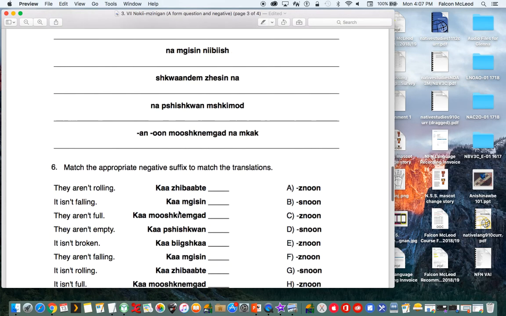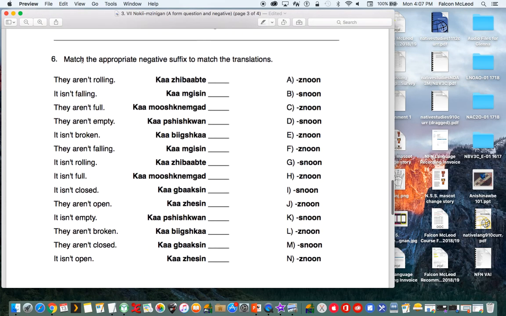Moving on. So match the appropriate negative suffix to match the translations. So this is our intended translation. They aren't rolling. So ka jabopte, do VII words use a snown ending or is known ending with a Z for the negative.